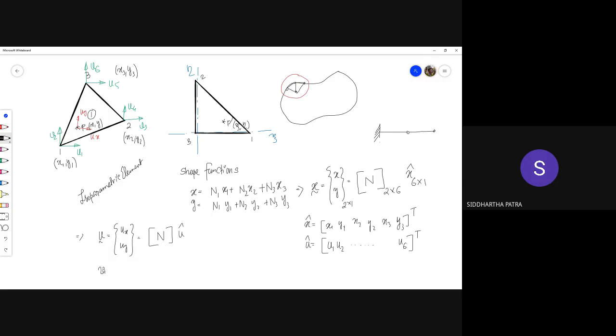We need not mention this, but you should remember that the same thing applies to the variation as well: N times v hat, and you can imagine what the v hat should be.